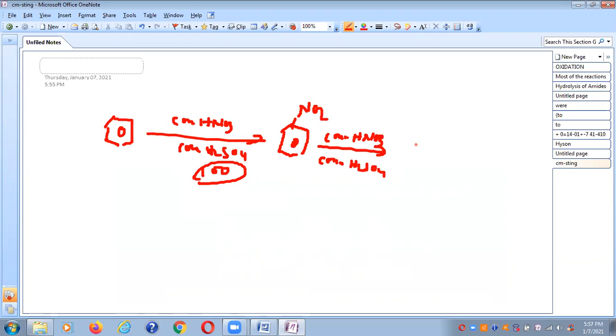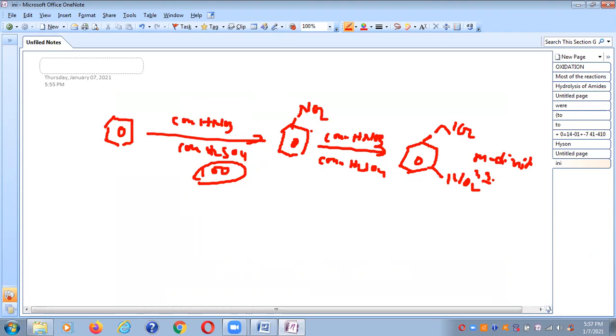Thereby we get 1 comma 3, that is meta dinitro. This is nitrobenzene, and the adjacent carbon to the substituted carbon is known as the ortho position. This is the meta position, and it is also known as meta dinitro, or else you can say 1 comma 3 also. Okay, but to get 1 comma 4, that is what? Para dinitro.